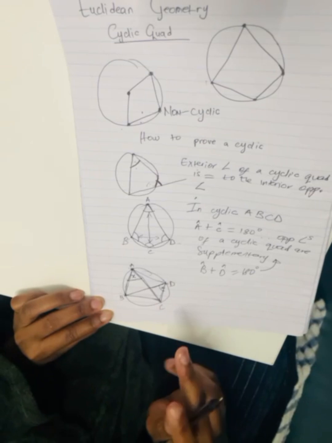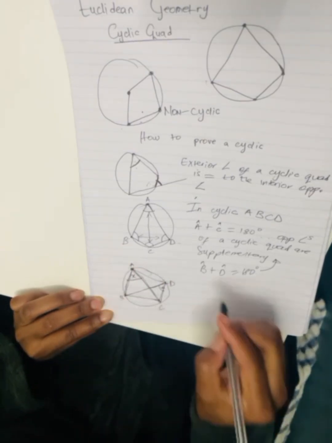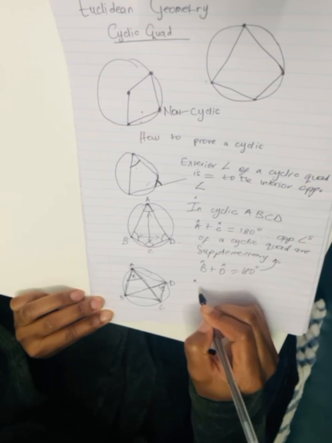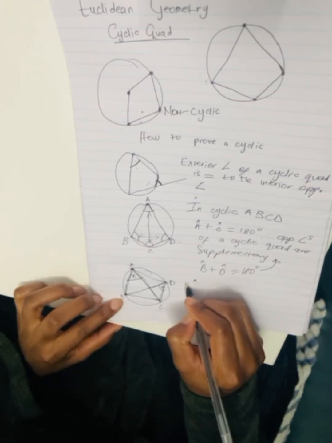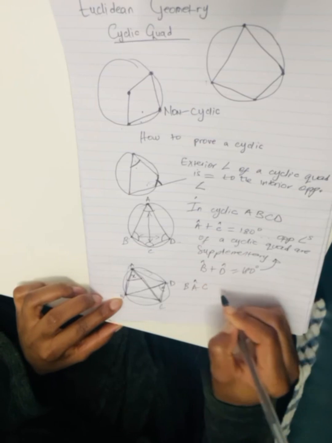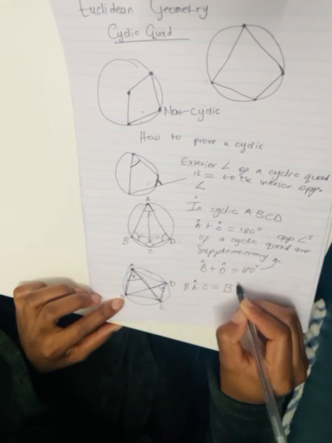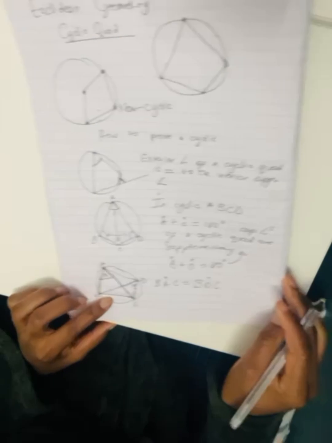You can prove using this, saying that this is a cyclic quad because angle BAC is equal to angle BDC.